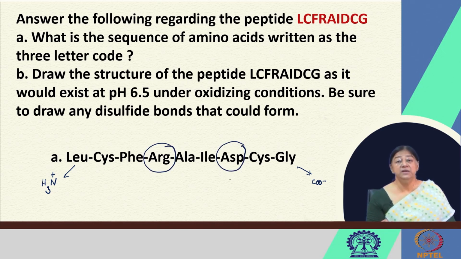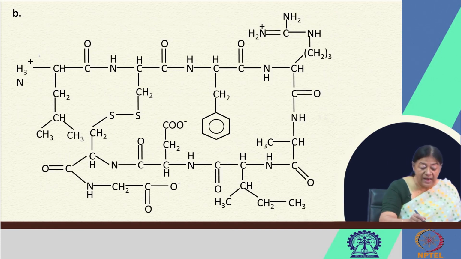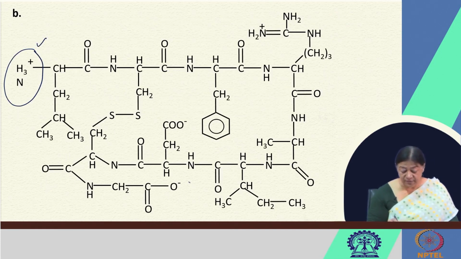Aspartic acid, being an acidic amino acid, will also lose the proton associated with the COOH of its side chain, but arginine will hold on to its plus charge because of the guanidino group. So, let us see what the structure looks like. So, we have the NH3 plus, we have lost the proton for this one.